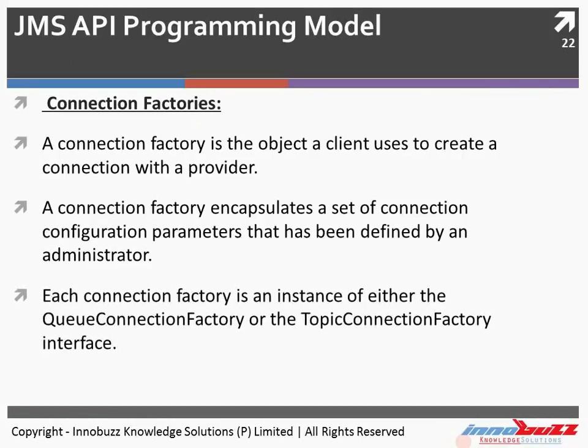Each connection factory is an instance of either the QueueConnectionFactory or the TopicConnectionFactory interface. These two interfaces must be implemented or used whenever you want to access the connection based on your requirement, either from the QueueConnectionFactory or the TopicConnectionFactory.